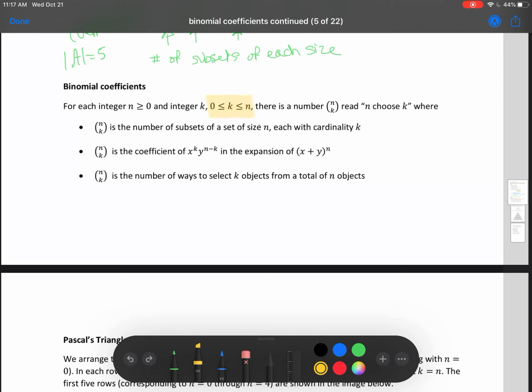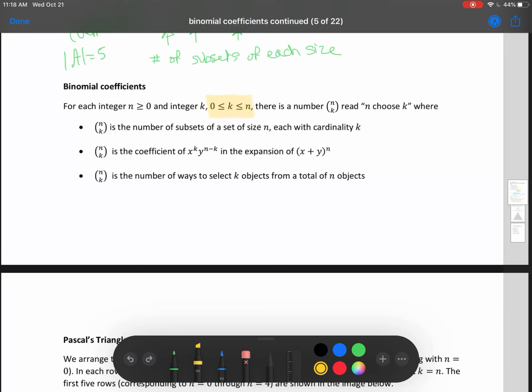So it's parentheses, and then we write the n on top and the k on the bottom, and it's n choose k, where 3 different things are true. So n choose k is the number of subsets of a set of size n, each with cardinality k. That goes a little bit to what we talked about in the last section.